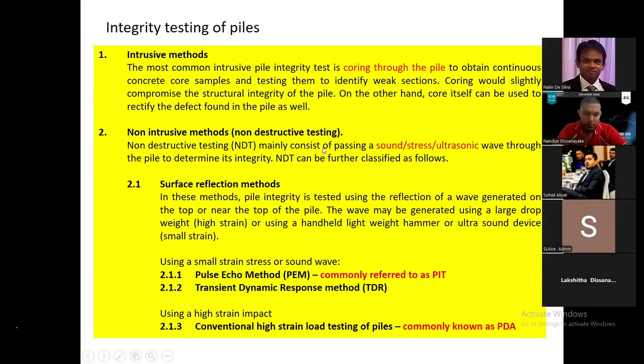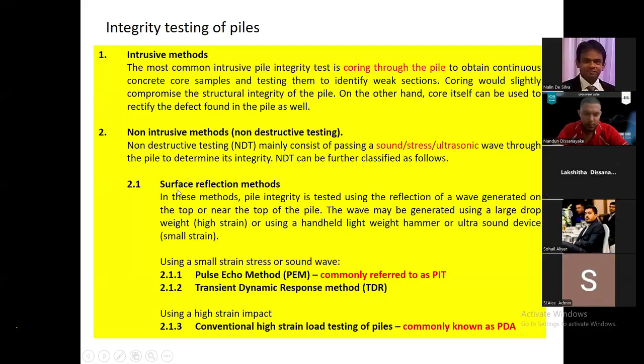The non-destructive methods can be broadly categorized into surface reflection methods and direct transmission methods. In this testing procedure, what we basically do is send a sound stress or ultrasound wave through the pile and detect the reflection of the wave.